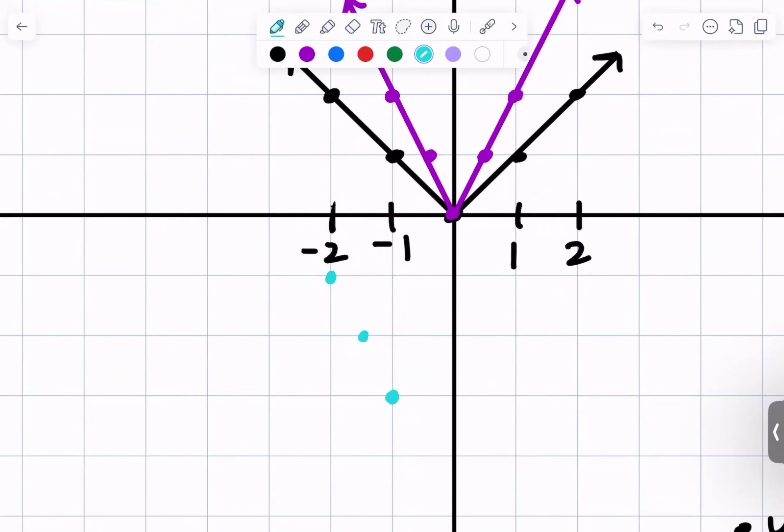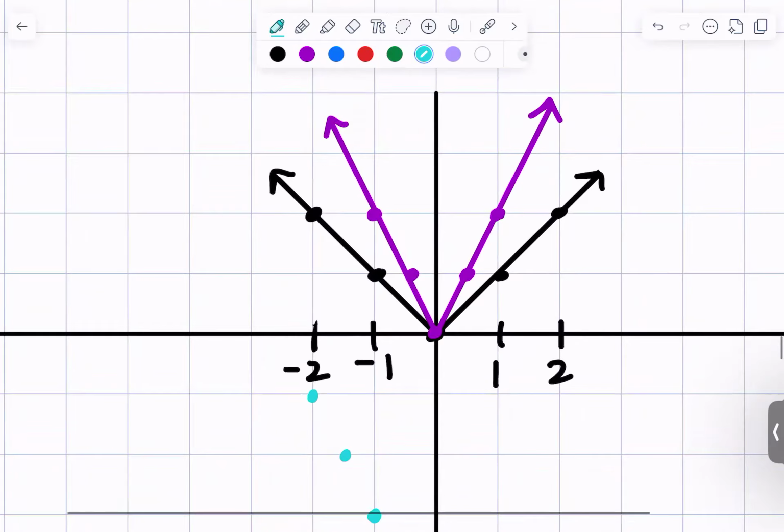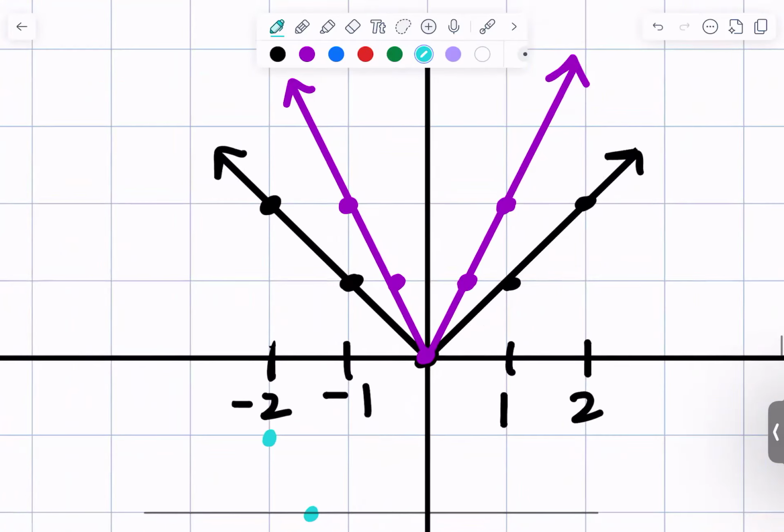Shifting does mean that every single point moves 1 over to the left, down 3. But I don't have to do over 1, down 3, over 1, down 3, over 1, down 3 every single time. What I can do is I know that the vertex here, if you look at the black graph or even the purple graph, acts as a mirror, right?